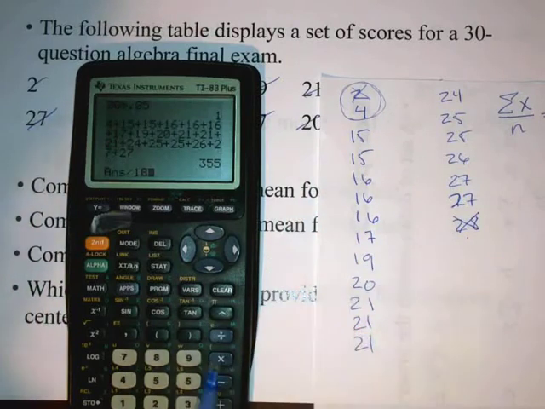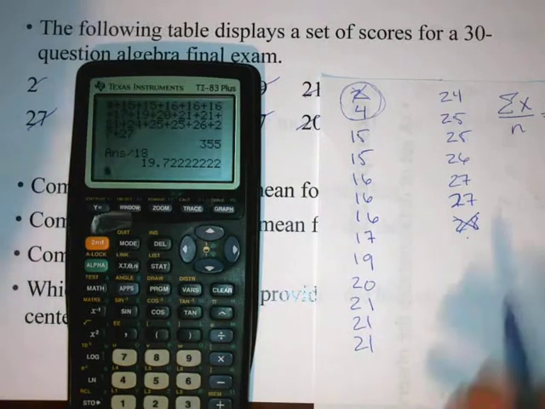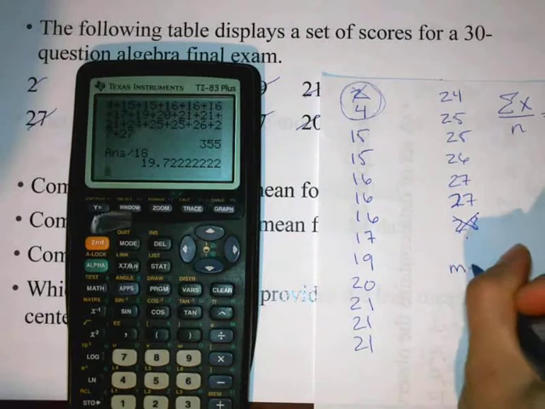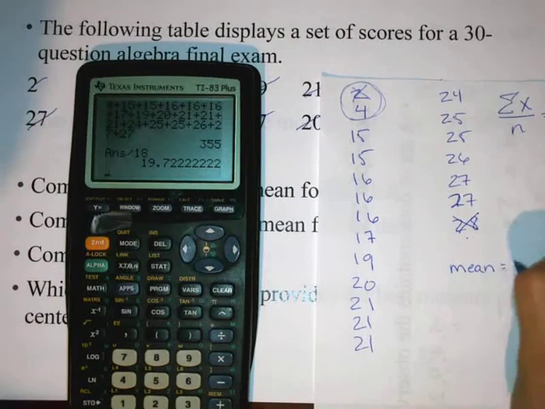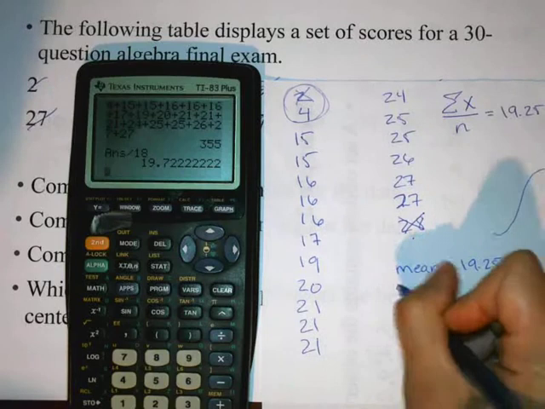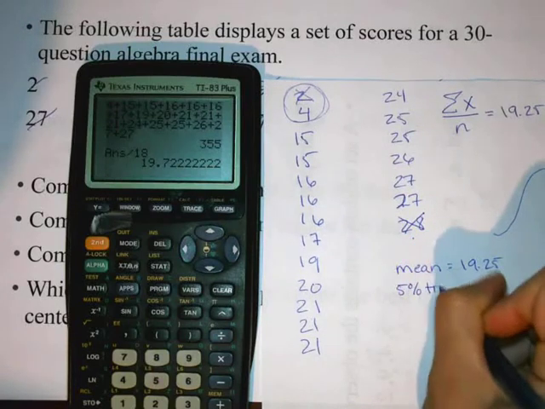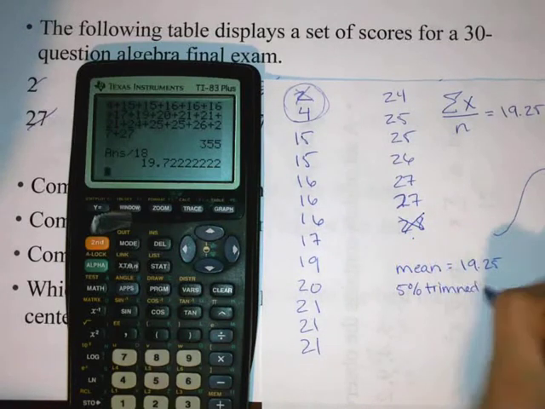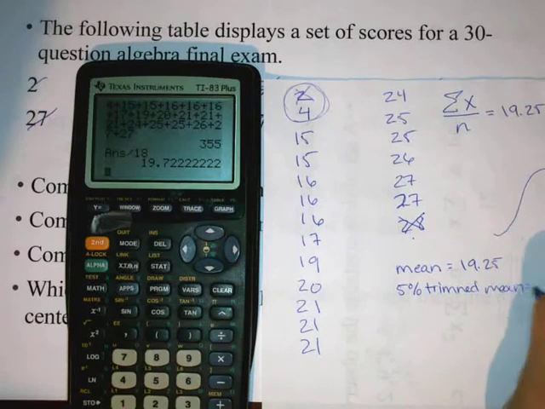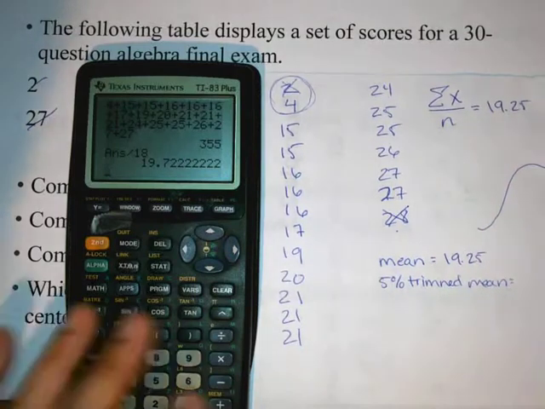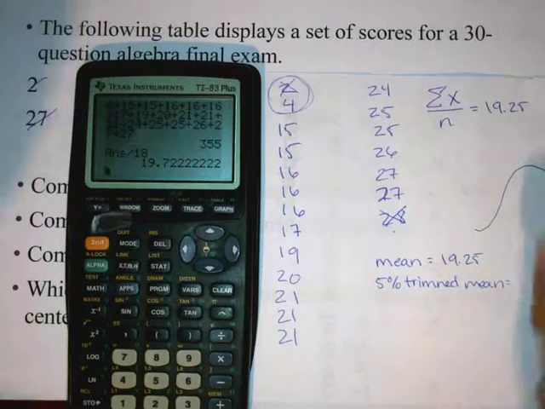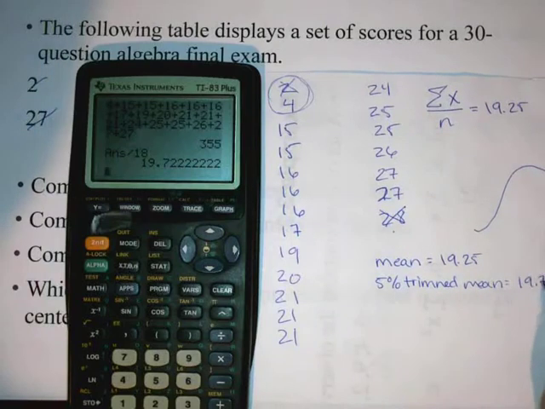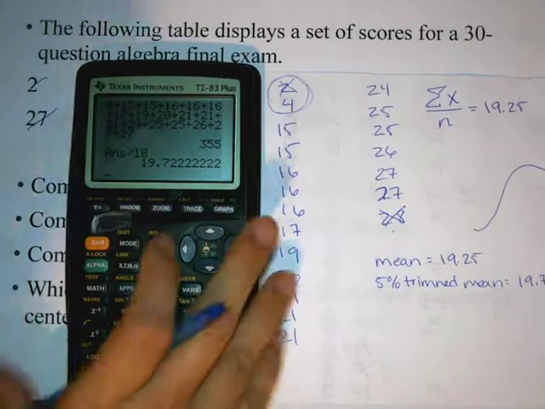So I add all those together, and now I'm going to divide by 18 since I now only have 18 pieces of data. The mean was 19.25. The 5% trimmed mean, I'll go ahead and round that to 2 decimal places so we're not doing overkill here, is 19.72.